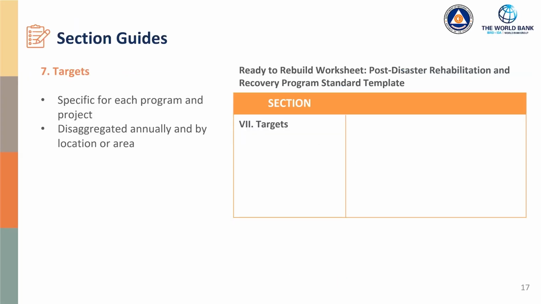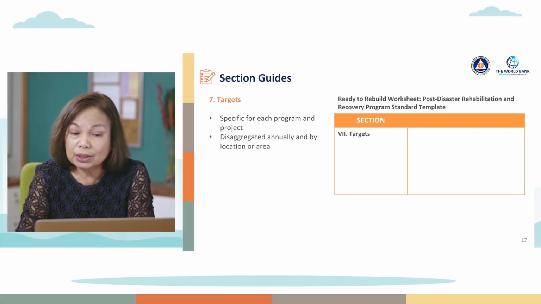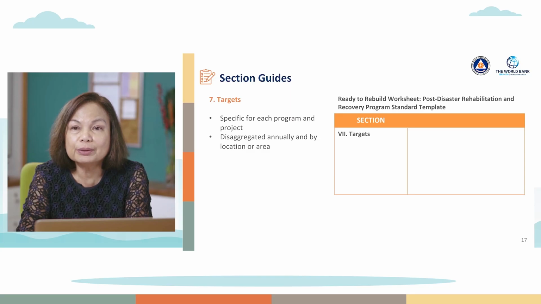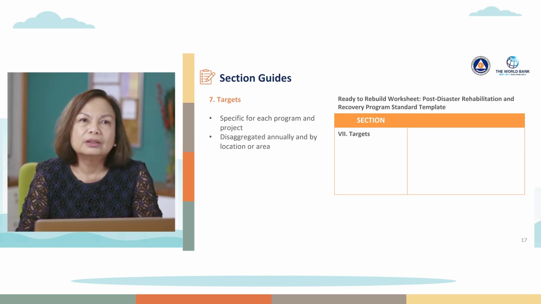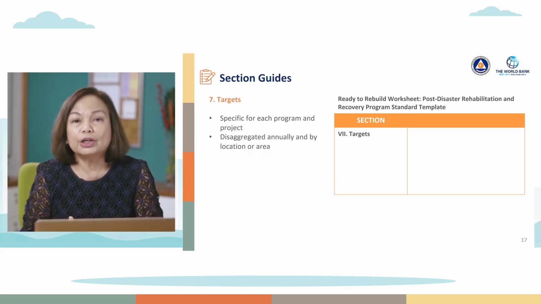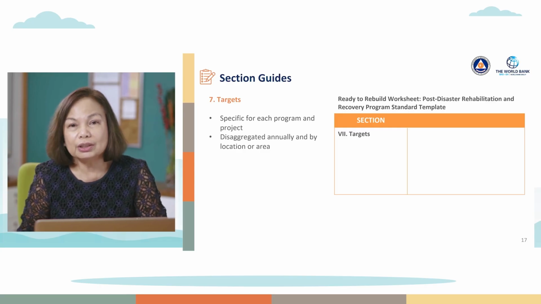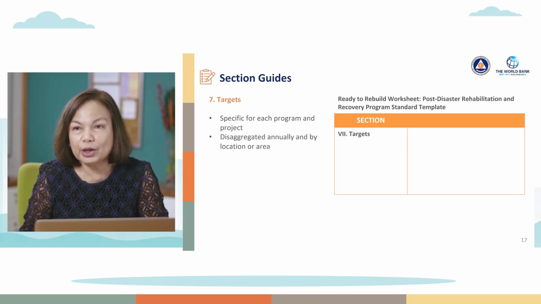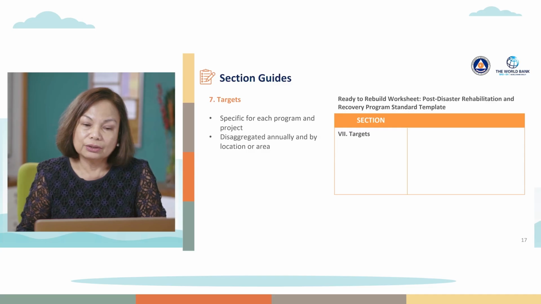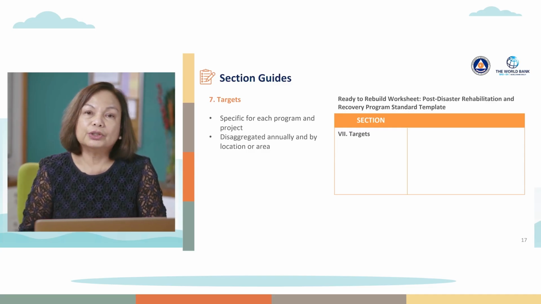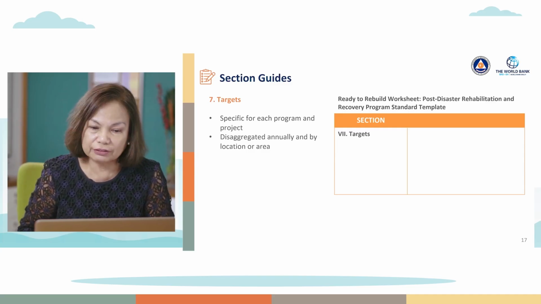We move on to another important component of the formulation of a post-disaster recovery program. So the targets, they should be specific for each program and project. Hindi pwedeng masyadong broad. Otherwise, we will not be able to monitor if we're veering away from our targets or we are not able to accomplish what we have set for ourselves.